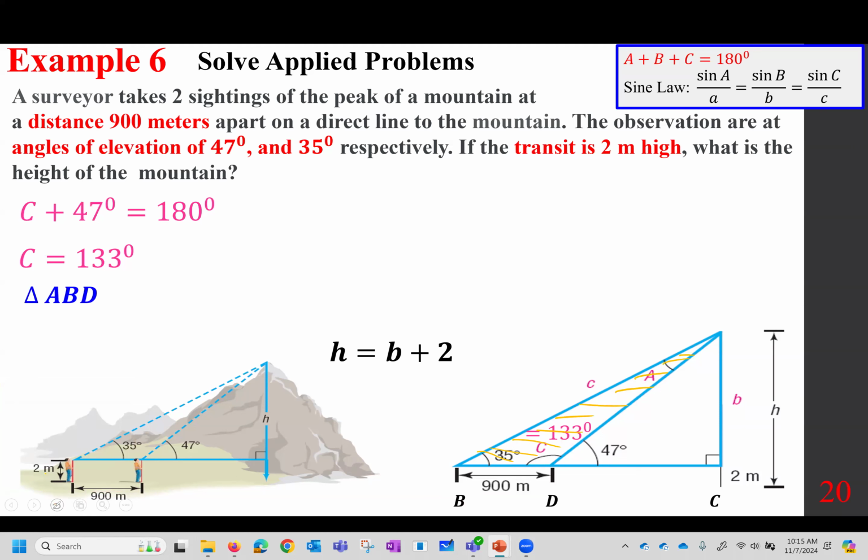In this case, all interior angles must add up to 180. So A and C and B must add up. So let's see what we get. So 133 plus 35 must be subtracted from 180. So A plus C plus 35 is 180. And C, we know, is 133.